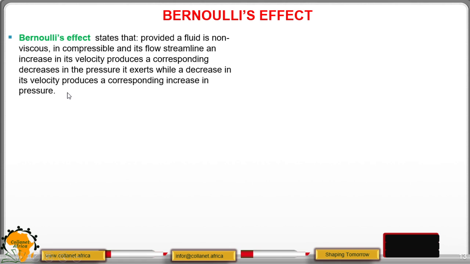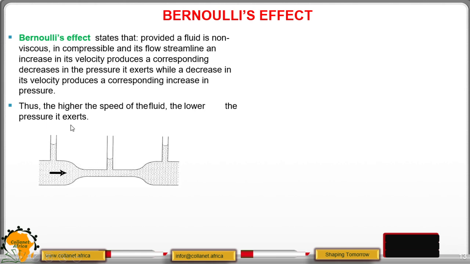So in simple terms, what we are trying to say is pressure and velocity are inversely proportional to one another. So when the pressure is high, it means that the pressure of the moving fluid is low, and vice versa. Thus, the higher the speed of the fluid, the lower the pressure it exerts.